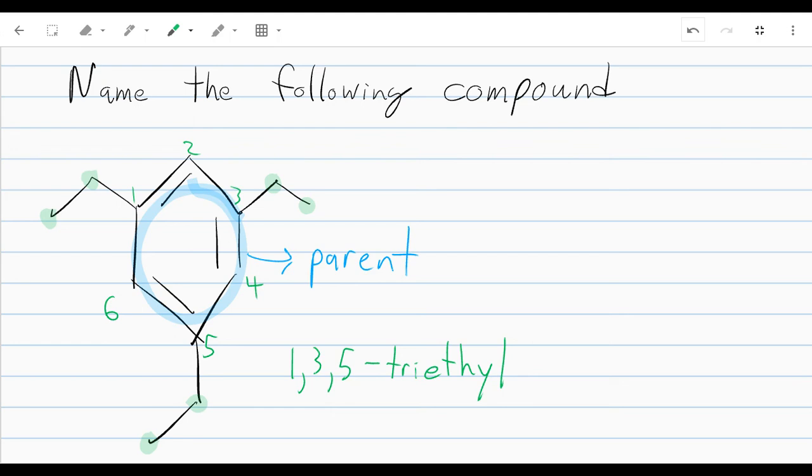And then my parent here is benzene. So this chemical we would call 1,3,5-triethylbenzene. I've written it in different colors so you can see which parts are coming from where, but it would all be one word.